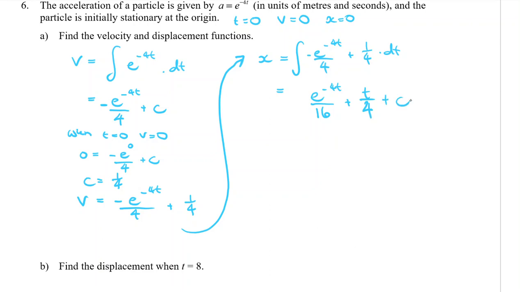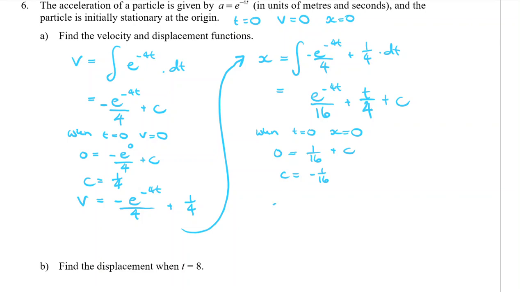Sub in that time is 0 and displacement is 0. We get 0 equals e to the 0, which is 1, over 16. The t over 4 is 0 over 4, which is just 0. So plus c, so c is equal to negative 1/16.